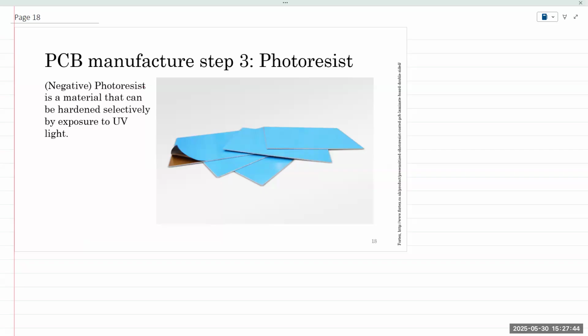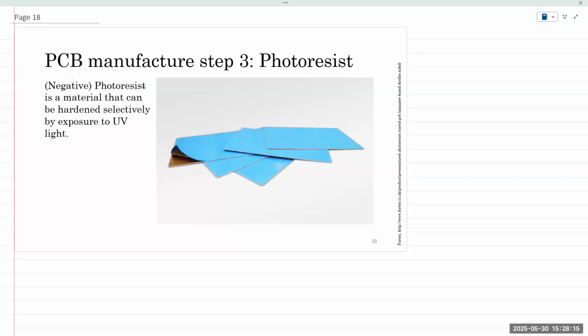It's a liquid chemical, and we spread it all over the surface of a printed circuit board. And then, like a photographer's darkroom, we expose the pattern that is on a glass mask onto our PCB. Areas that are exposed can either get washed away or can harden. If they get washed away, they are known as positive photoresists. If they harden, then they're known as negative photoresists.